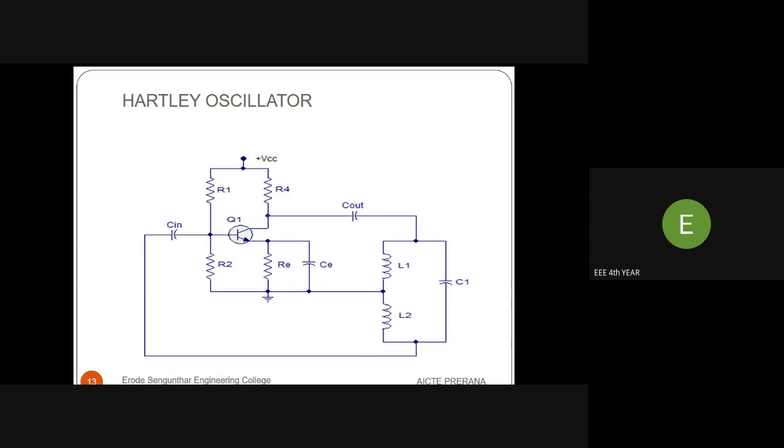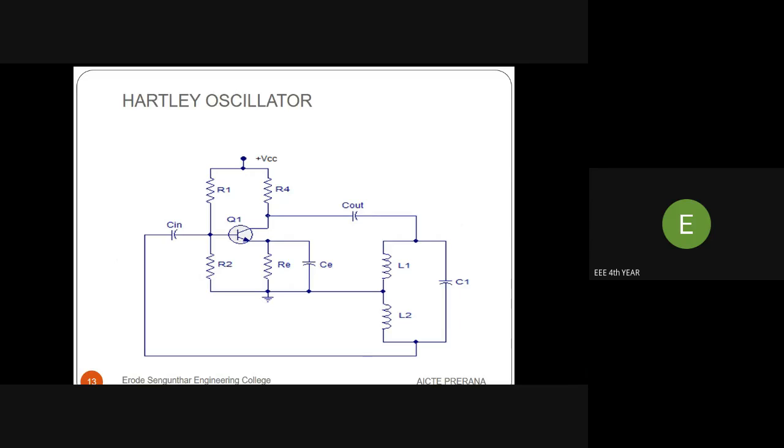In the feedback circuit, the upper terminal is denoted 1 and the lower terminal is denoted 2. The center terminal is denoted 3. At any time, the upper terminal 1 is positive polarity with respect to 3 and terminal 2 is negative polarity with respect to 3.